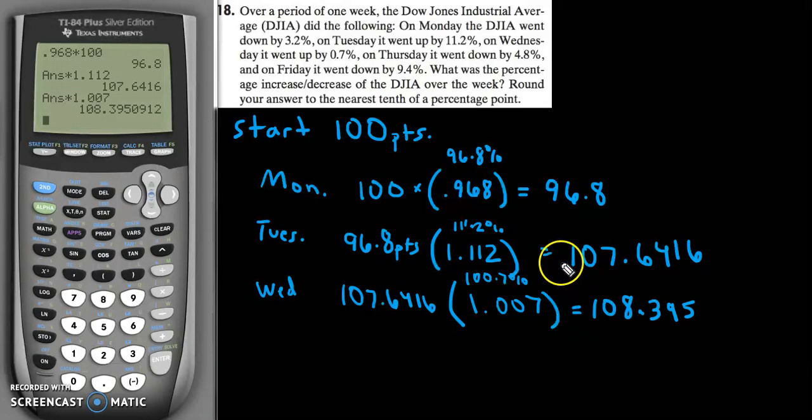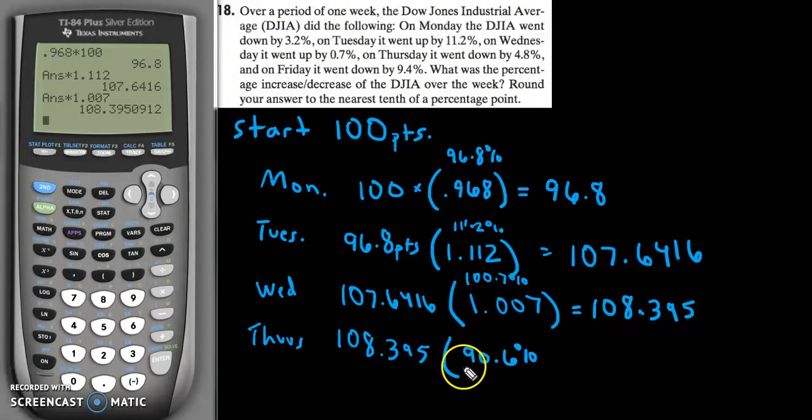Okay, so then on Thursday, it went down by 9.4%. So it started off being worth this 108 number. And if something goes down by 9.4%, how much of it is left? So what's 100% minus 9.4%? It's 90.6%. But then we want 90.6% as a decimal, so if I move the decimal twice, it's 0.906.